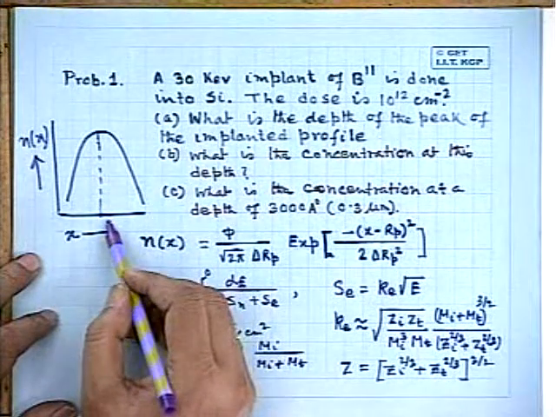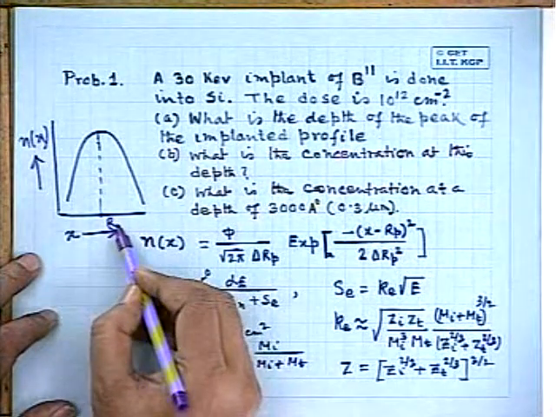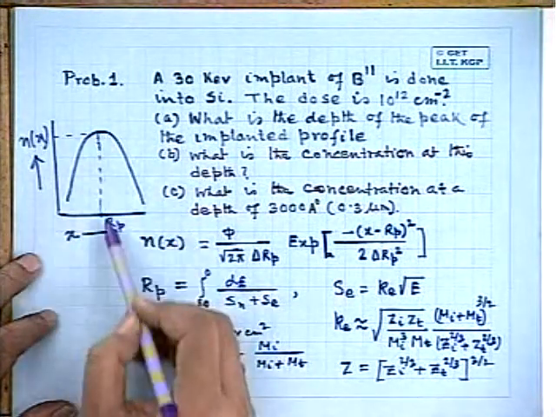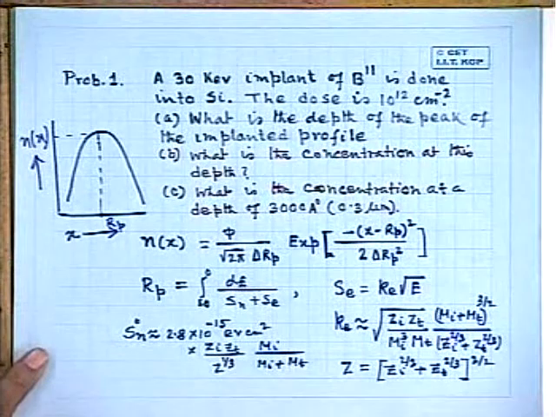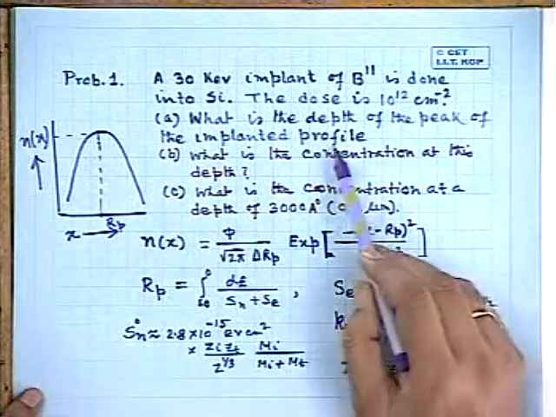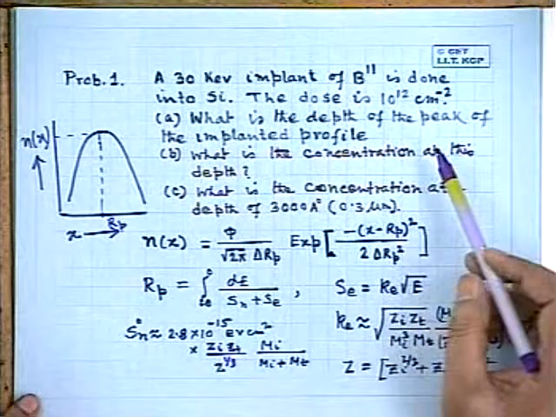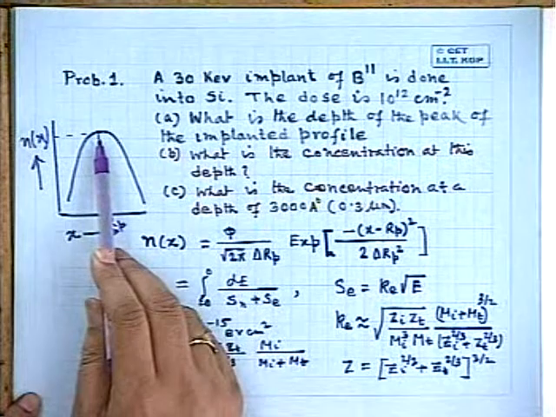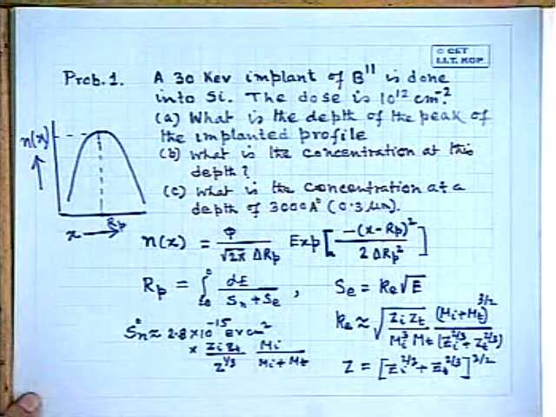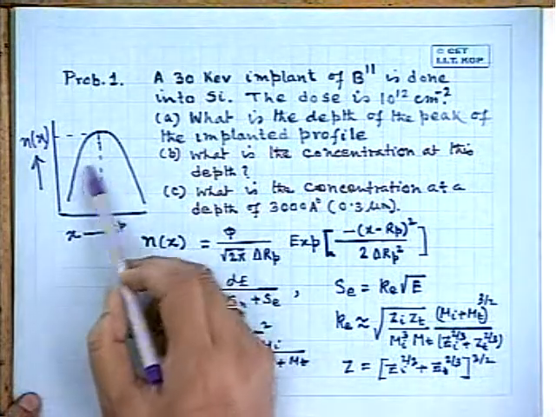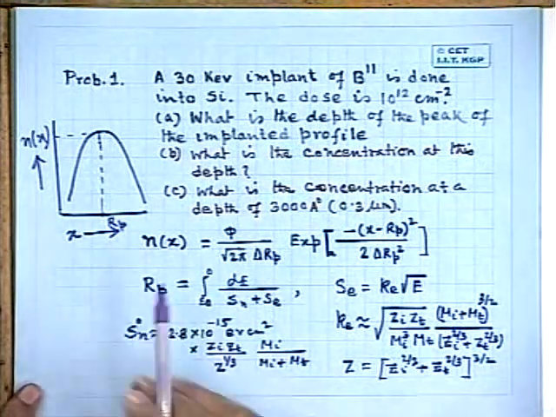This is Rp. So the peak concentration will be at Rp depth. What is the depth of the peak of the implanted profile? That means the Rp value will be the depth of the peak of the implanted profile. It is an ideal double-sided Gaussian.